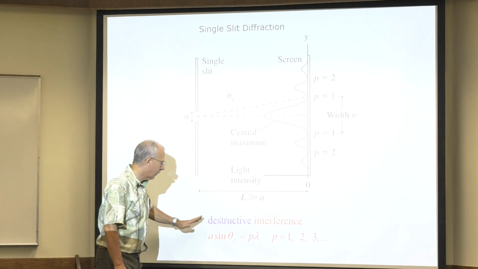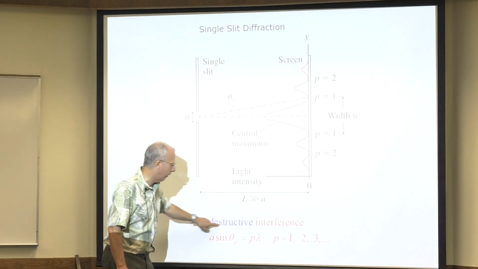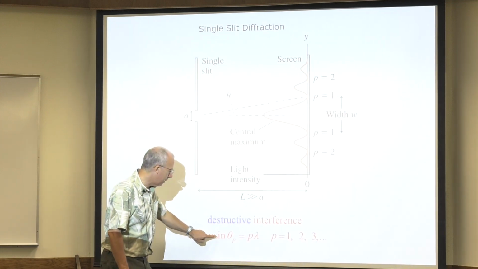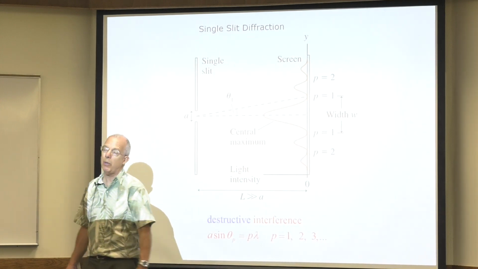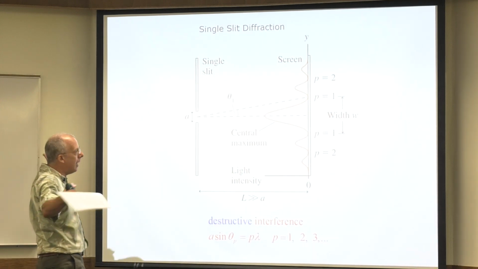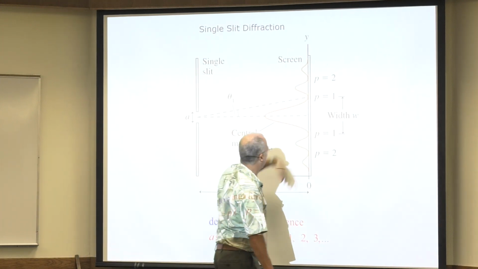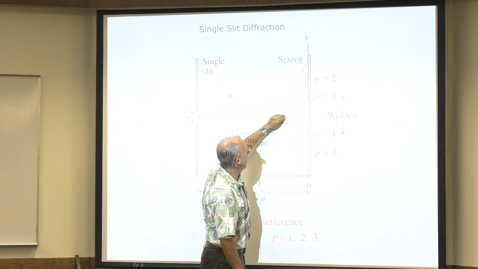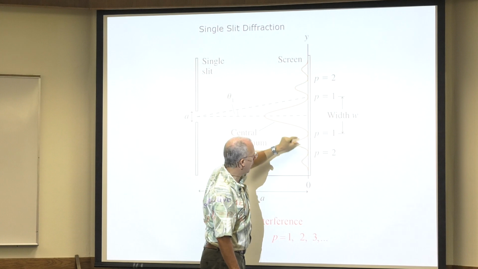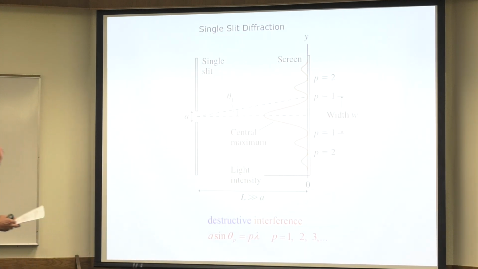So here, the easiest equation to get is for destructive interference: a sine theta_p equals p lambda. Now here, p is an index. We used to use m. You can use whatever you want to use, right? Here we use p. So p is 1, 2, and so on. So here's your single slit interference pattern. See the super bright central thing, then a dark, then a little bit brighter, then a dark, and so on. So that's the result, right? We're skipping the math.